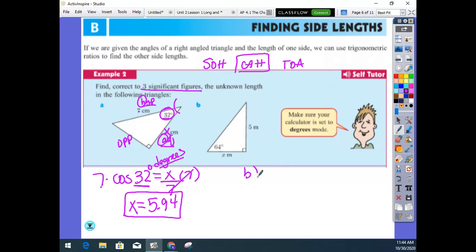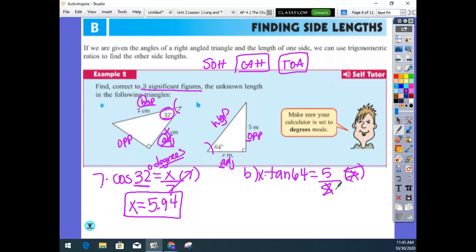All right, letter B. Here's my angle. This is my opposite. This is my hypotenuse. This is my adjacent. I have my O and my A. This ratio will be tangent. Tangent of the angle equals opposite over adjacent. Now I need to get the x out of the denominator, so I'm going to multiply both sides by x.